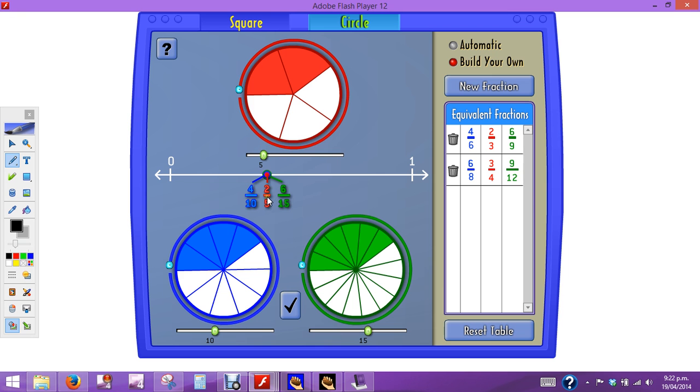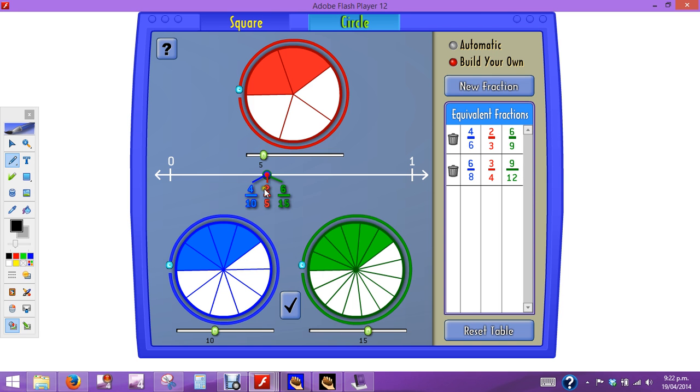So 2/5 and 6/15 are exactly the same as is 4/10. They look the same. The green one has the same area as the blue one and the red one. But coming back to the red one, each of these fifths is cut in half, doubled, to make the blue.